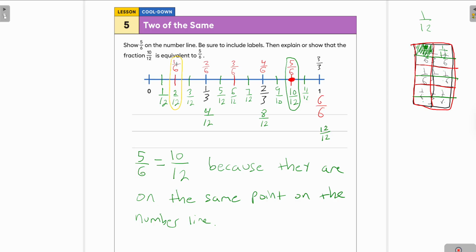That means that 1/6 is the same as 2/12. These two fractions are equivalent. They're on the same point on the number line. Ooh, I found a trio here that are equivalent. We have 2/6, 1/3, and 4/12. All of these are equivalent. They're the same.